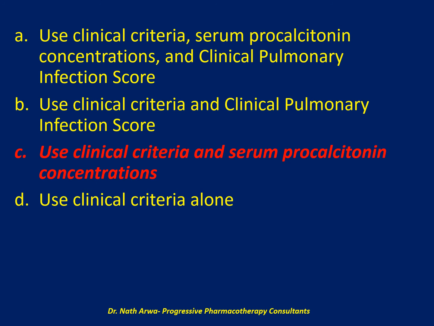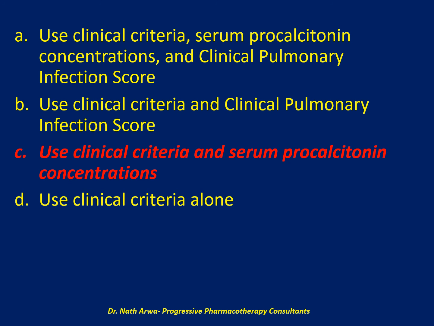Remember, the current IDSA and ATS guidelines for the management of adults with HAP and VAP recommend serum procalcitonin concentrations be used in concert with clinical criteria to guide antibiotic discontinuation in patients with either HAP or VAP.